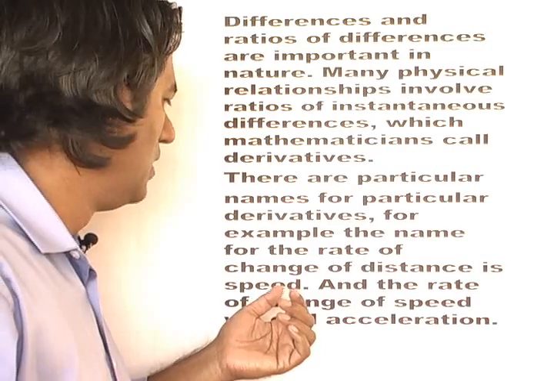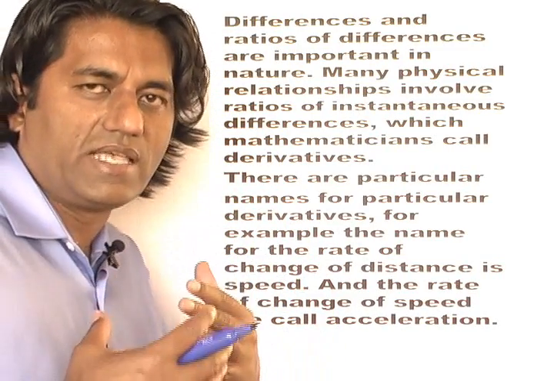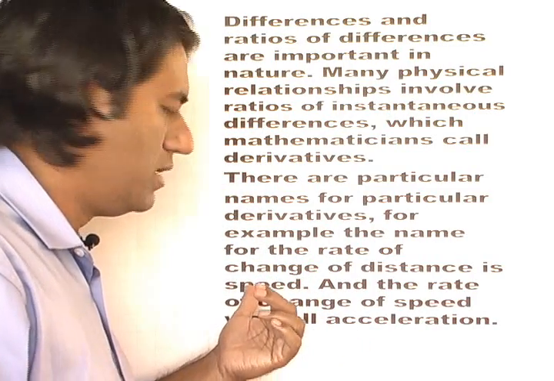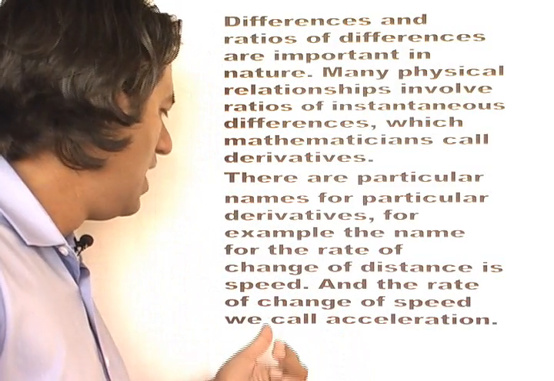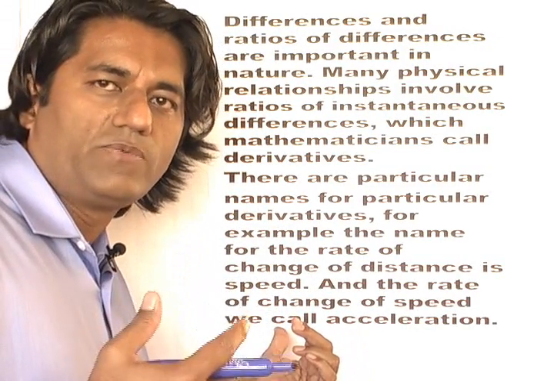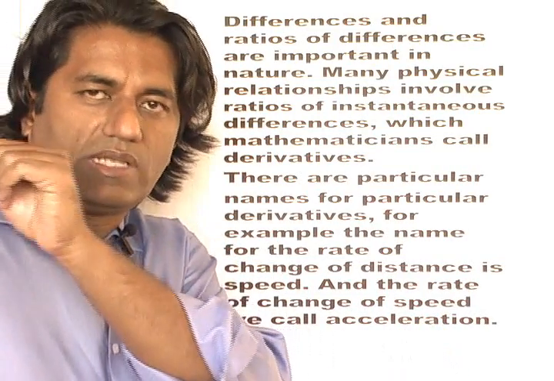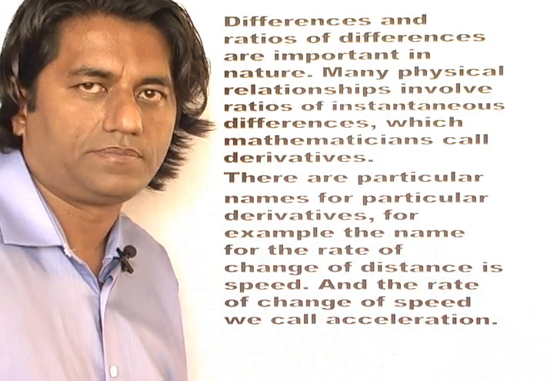For example, when you have distance as the function and time as the independent variable, the derivative of distance with respect to time is called speed, and the derivative of speed with respect to time is called acceleration. And what we had found was that acceleration along the inclined plane is a constant of 5.